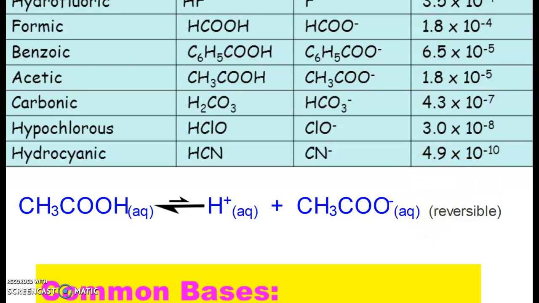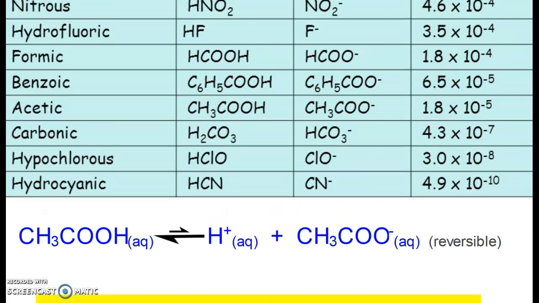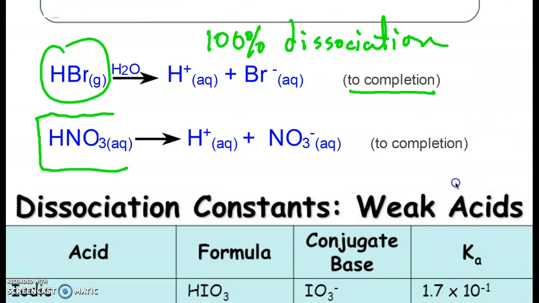Okay, and the amount that it dissociates is related to its Ka, right? In the beginning of the video, I was talking about Keq, that's the equilibrium constant. This is the Ka. It is the acid constant, right? How much does the weak acid dissociate?